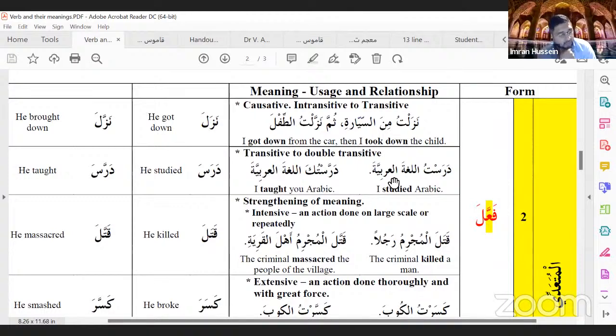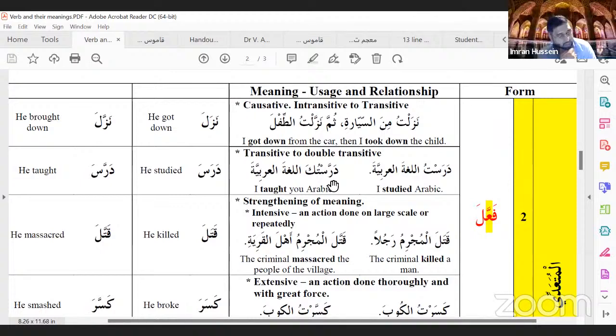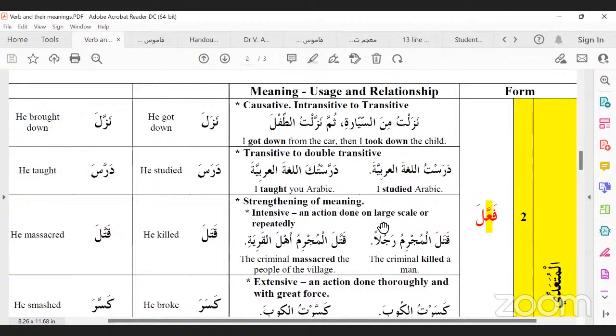I studied the Arabic language. Yes, I studied Arabic. The next one is درست اللغة العربية. I taught you Arabic language. Correct.